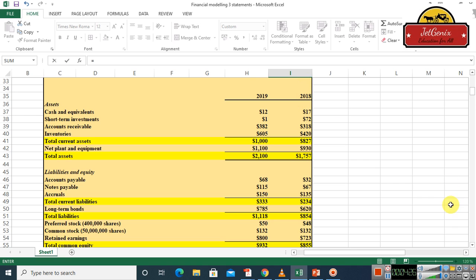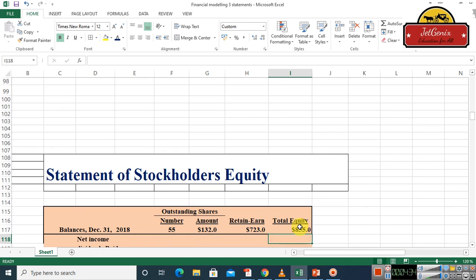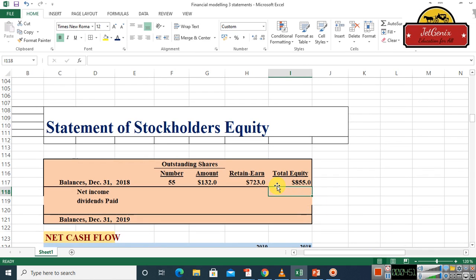This is 2018 in the first column, and this is the total common equity. So select it and press enter. Now we have the number of shares outstanding, the total amount, retained earning and total equity at 31st December 2018.